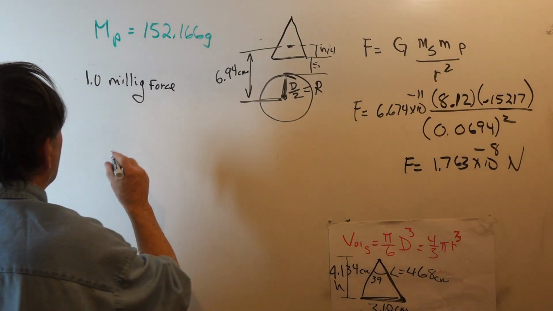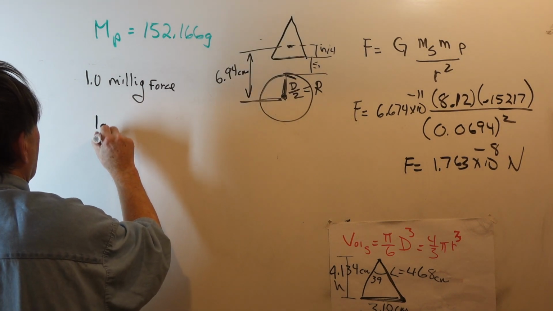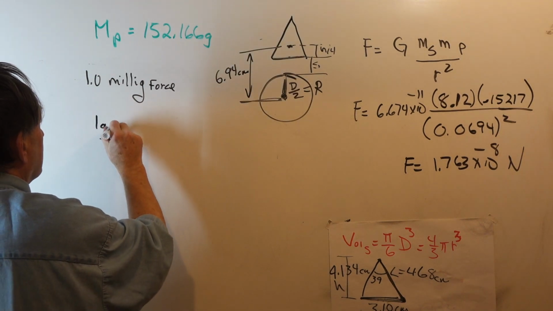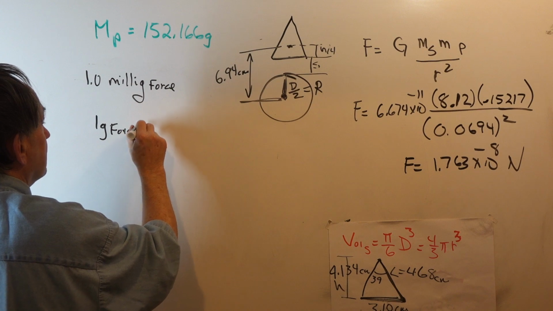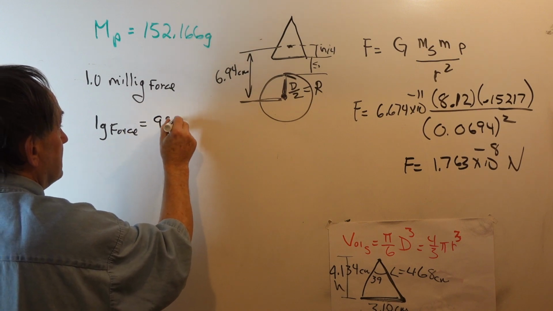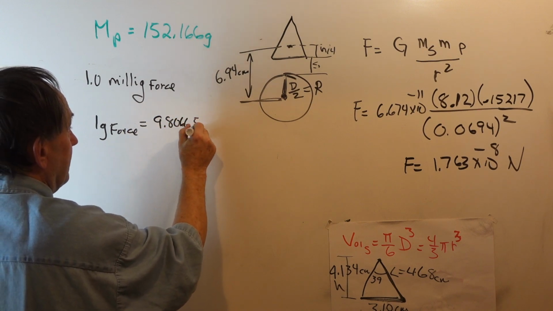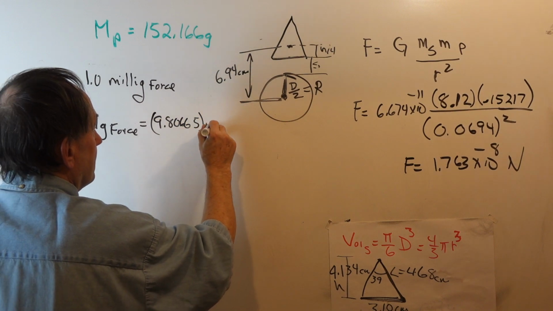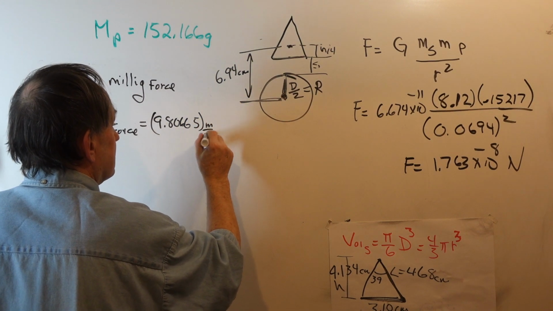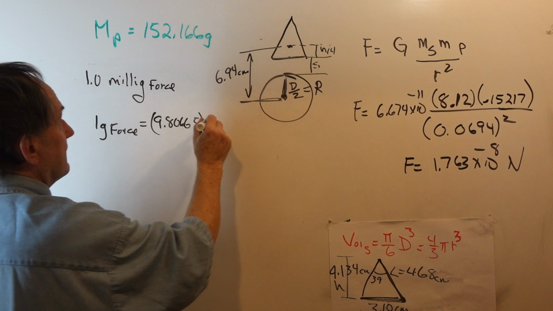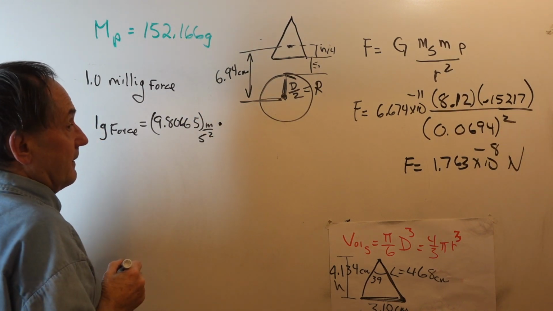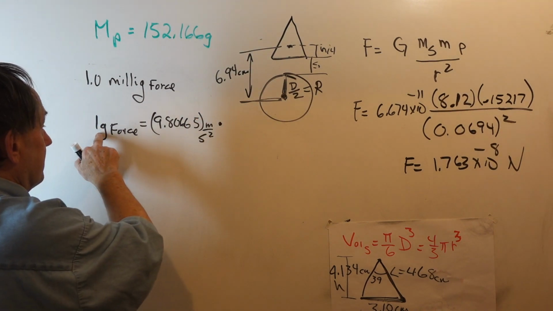Well, 1 gram of force is 9.80665 meters per second squared times the mass in kilograms.